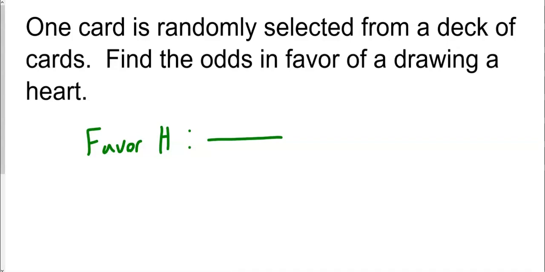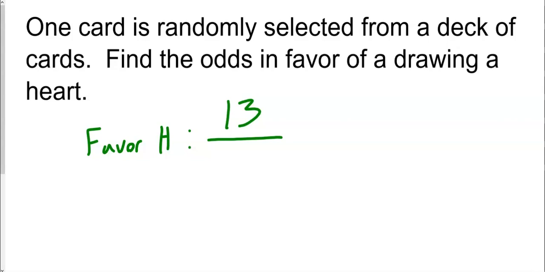That's how we can win. And we talked about this on the last video. There are 13. There's the ace of hearts, the 2 of hearts, the 3 of hearts, the 4 of hearts, 5 of hearts, 6, 7, 8, 9, 10 of hearts, jack, queen, king of hearts. So there are 13 cards where I can win.